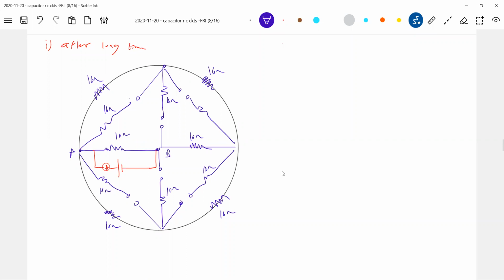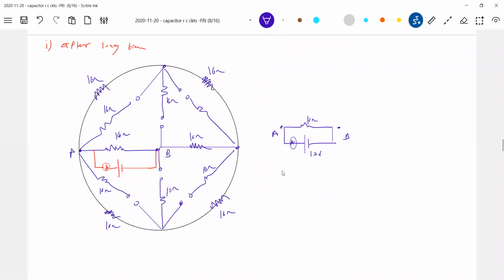Between AB is asked. So there's a point. Again, we have to redraw the circuit. So this will be 16 ohm as it is. So these are the points A and B, I'll bring it. This ammeter, 16 ohm.